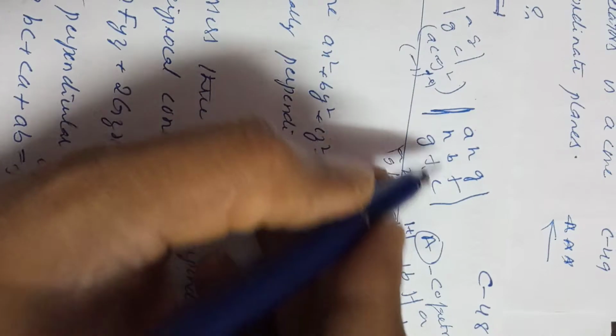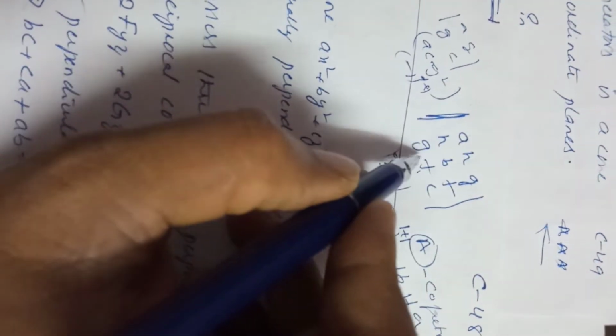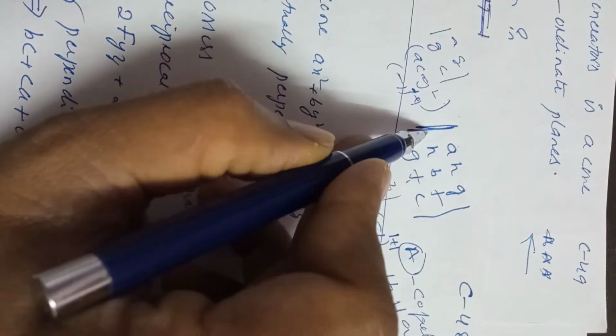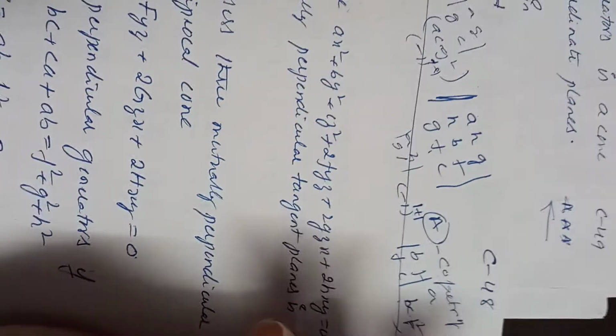Similarly, if you want to find the cofactor of this one, delete this column and this row, A, G, H, F. Again you will get the same result. That means it is multiplied by minus 1 to the power of 3 plus 2, whereas this is multiplied by minus 1 to the power of 2 plus 3. That's it. Okay. Similarly, we can find other values.